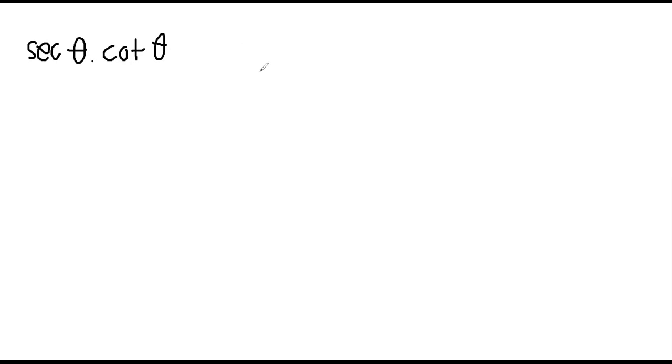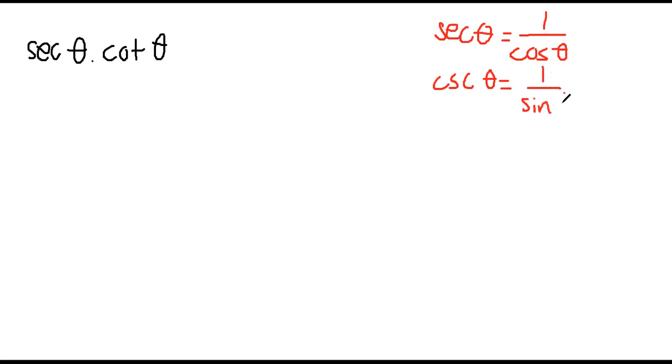Okay, so in this expression, you might want to think first of all about the reciprocal identities, in which secant of theta is equal to 1 over cosine of theta, and cosecant of theta is equal to 1 over sine of theta. That's the reciprocal identities.